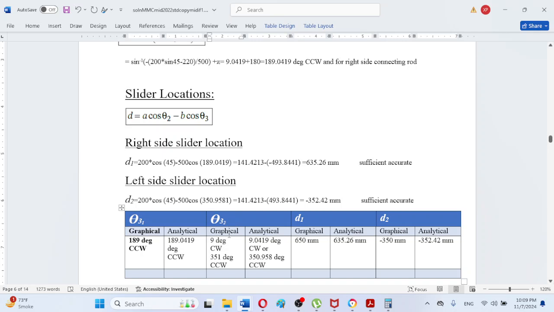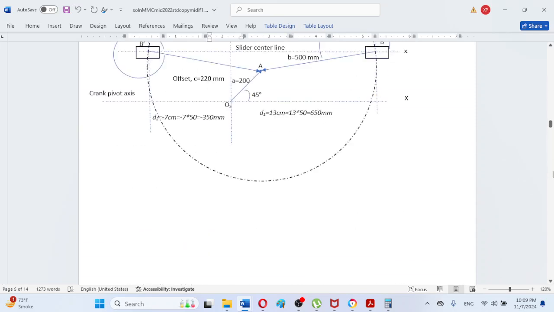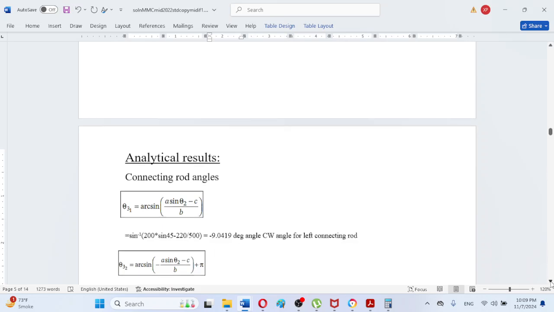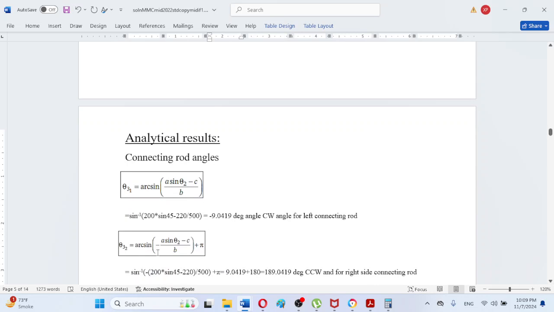As we can observe in the listing, the formula for theta 32 actually gave the result for theta 31 in the table which I have created.